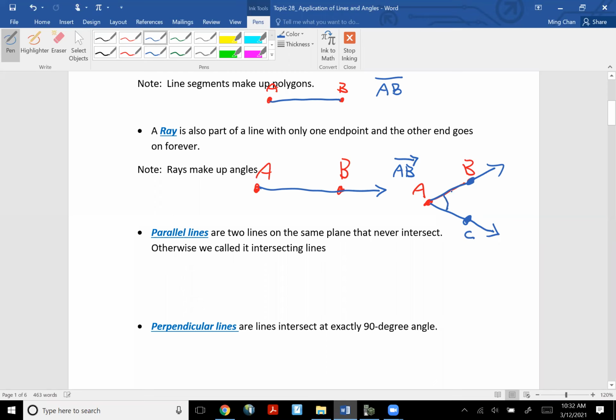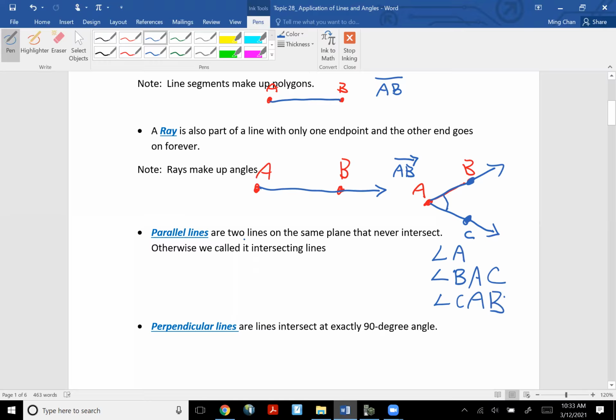Now we can call this angle A, or we can call this angle BAC. Rather than write A twice, we write A one time. That's ray BA and then ray AC. We can also say from C to A to B. We can read it backwards. So these are three different ways of describing an angle.